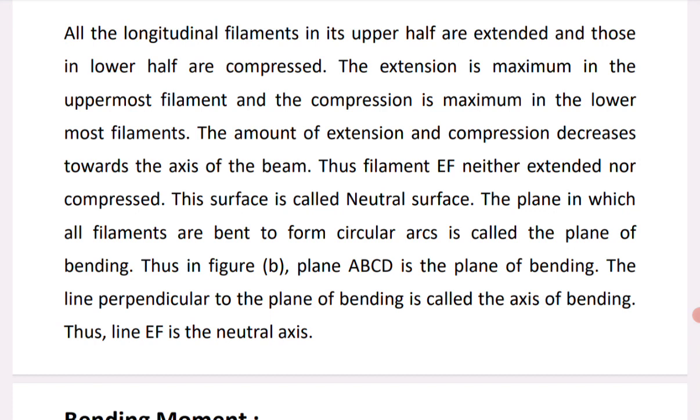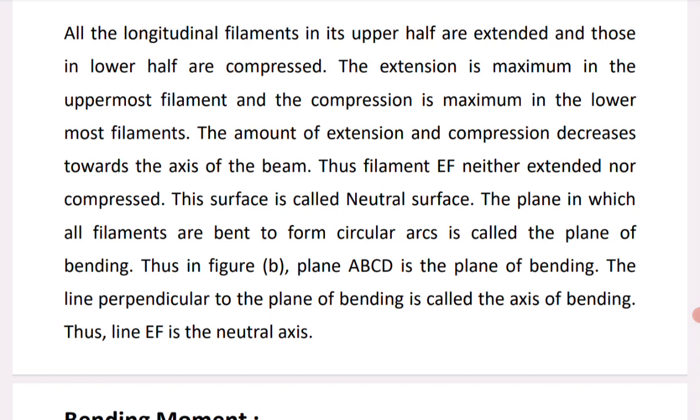The amount of extension and compression decreases towards the axis of the beam, that means towards the neutral surface. The filament EF is neither extended nor compressed. This surface is called the neutral surface or natural surface.